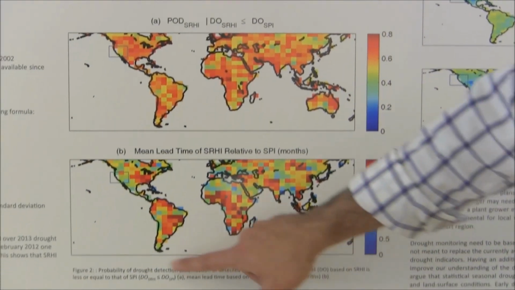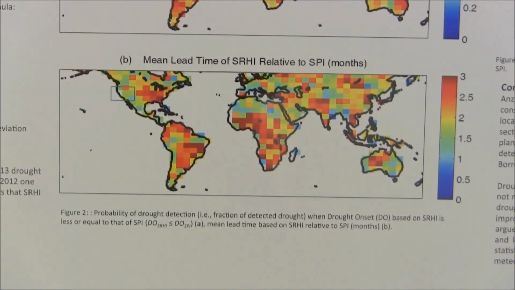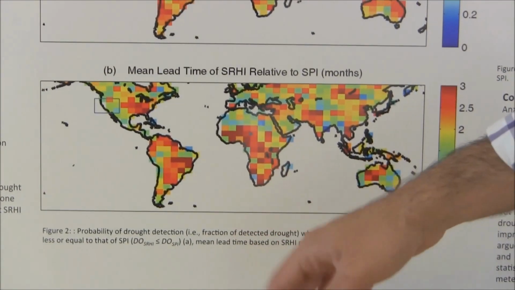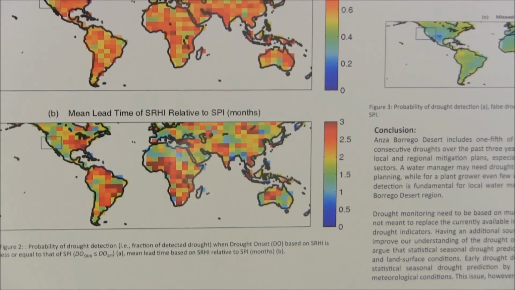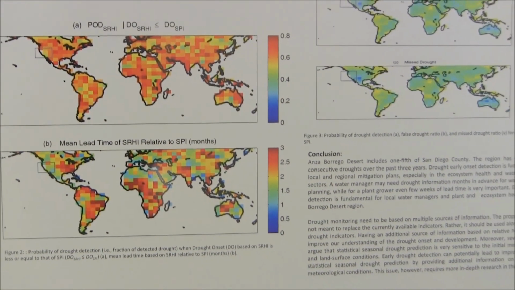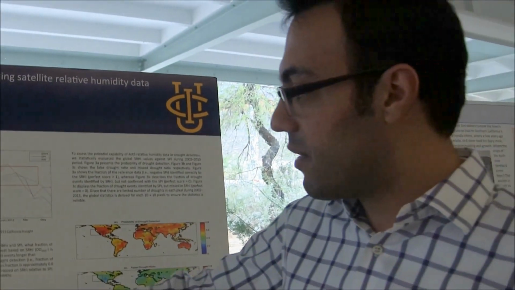Looking at the entire globe, the mean lead time of relative humidity is around 1.6 months earlier than precipitation. For this project, I focused on Anza-Borrego and used my data to look specifically at the Anza-Borrego time series to see how this hypothesis applies there.